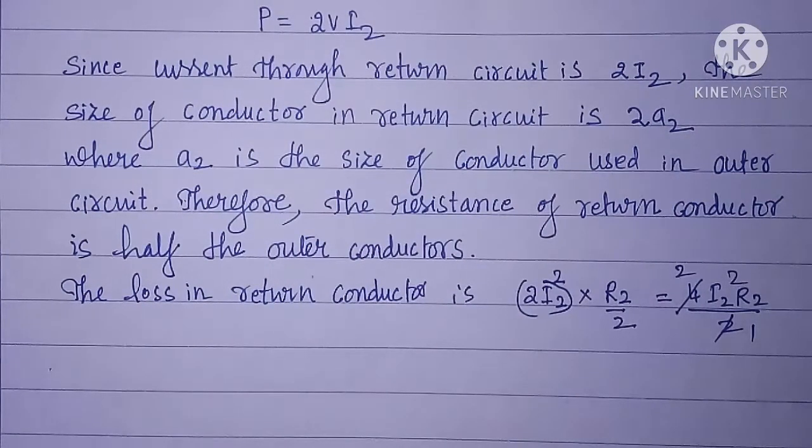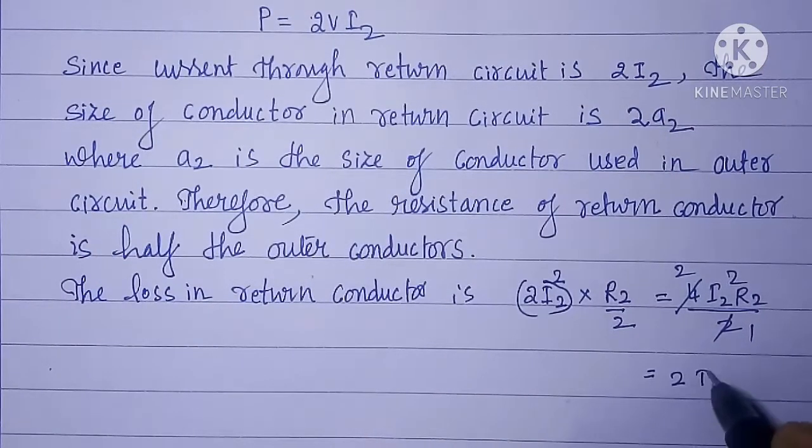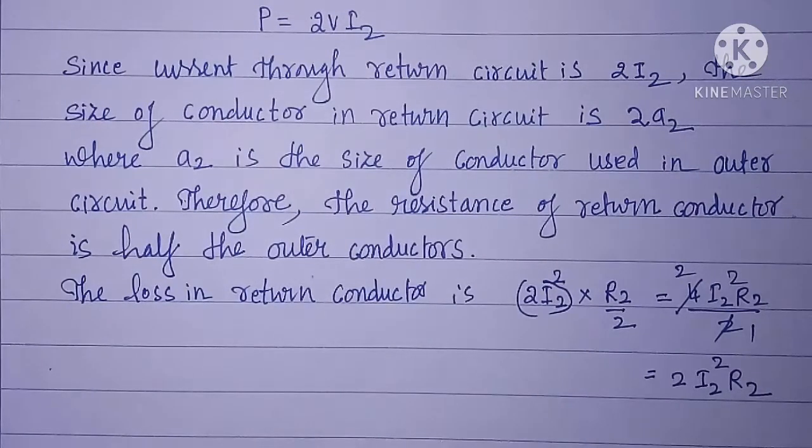Cancelling 4 by 2, we get 2 times I2 square R2 as power loss.